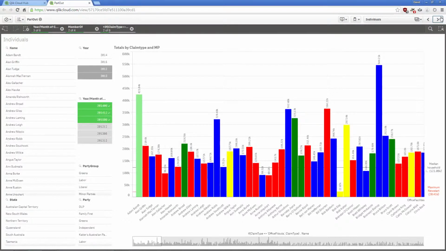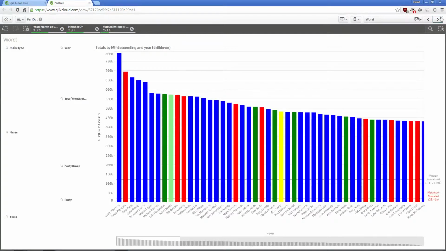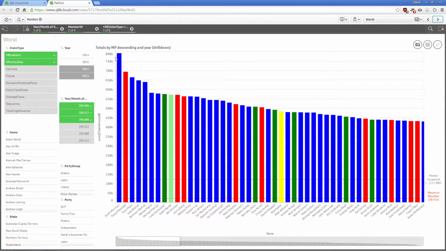If I go through to this here, you'll see this is obviously the worst again. So Scott Morrison has spent almost $800,000 in the past 18 months on office admin and office facilities. And you can see here that there are people you wouldn't necessarily know who they are.